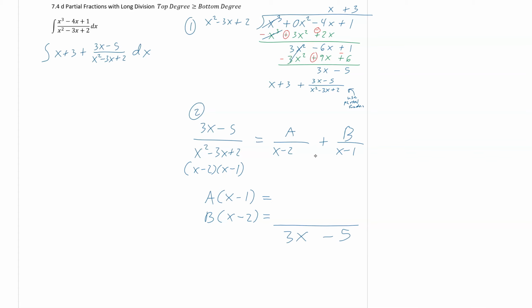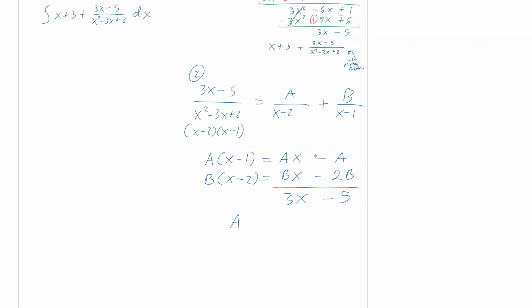So we end up with ax minus a, bx minus 2b. And so that means a plus b has to equal 3. And negative a minus 2b has to equal negative 5.